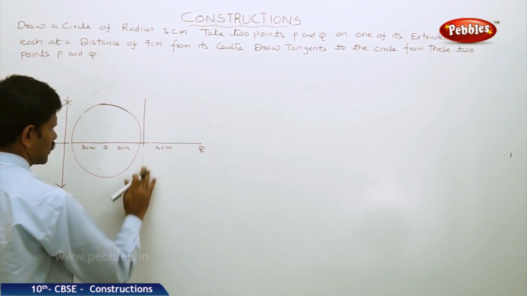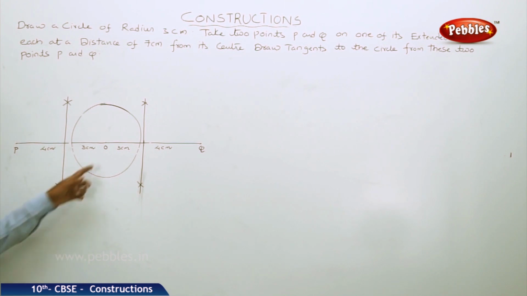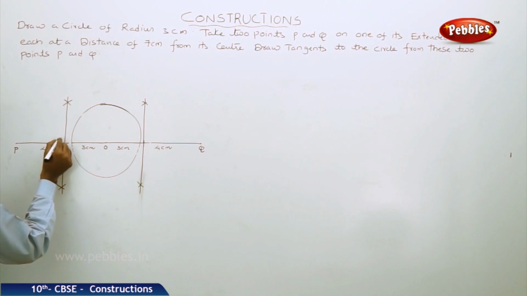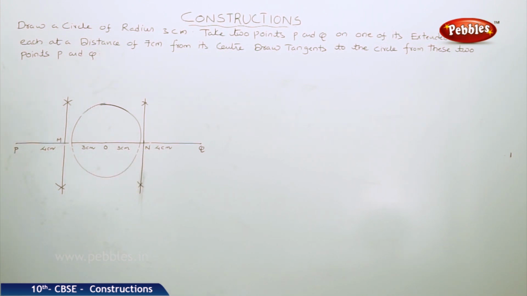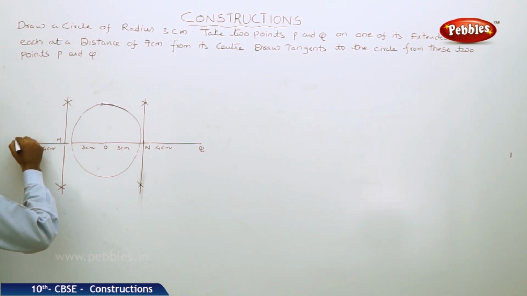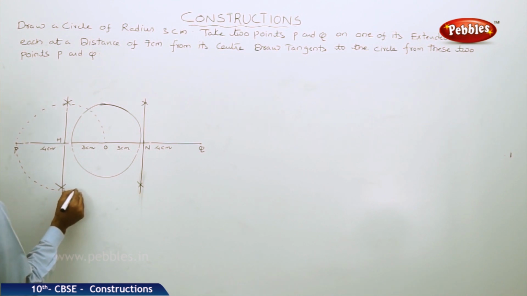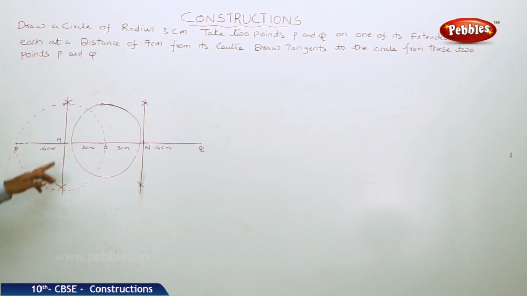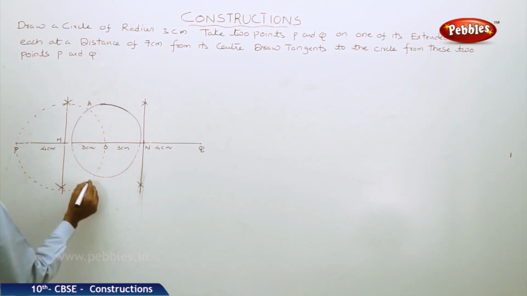Now the perpendicular bisector of OP touches OP at M, and the perpendicular bisector of OQ touches OQ at N. Now taking M as center, OM as radius, draw a circle which touches the circle at 2 points, that is A and B.